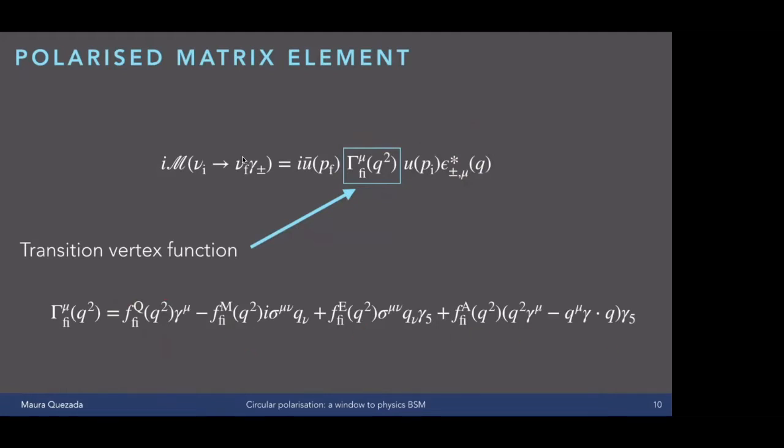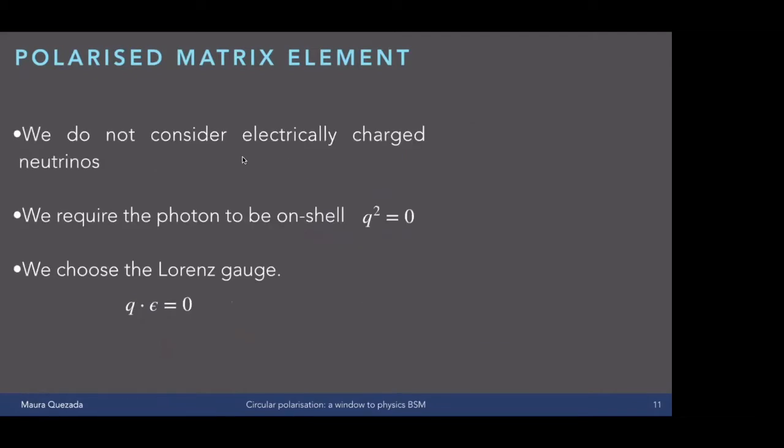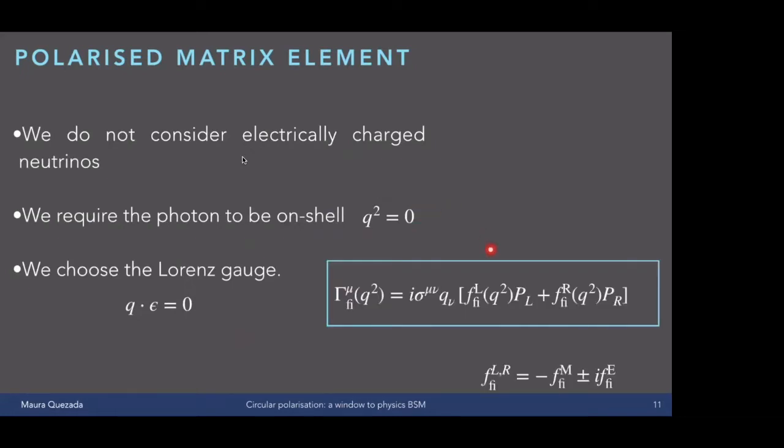Now, if we require that the neutrino is electrically neutral, so there are no charged neutrinos, we also require that the produced photon is on shell, and we choose the Lorentz gauge. This vertex function can be simplified and parameterized in terms of chiral components, left and right, where we have this definition here, which is basically defined in terms of the electromagnetic dipole moment of these neutrinos. So this is the simplification that we obtain by requiring these three things.